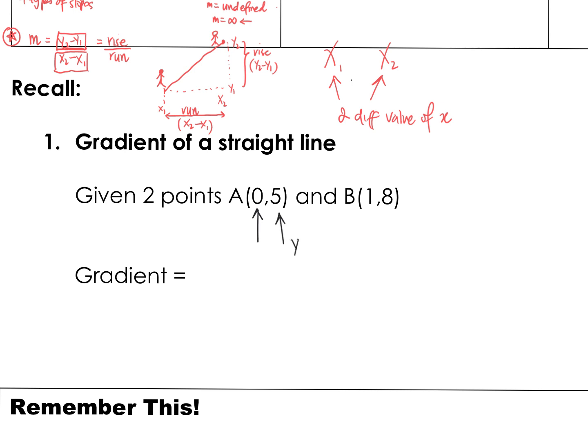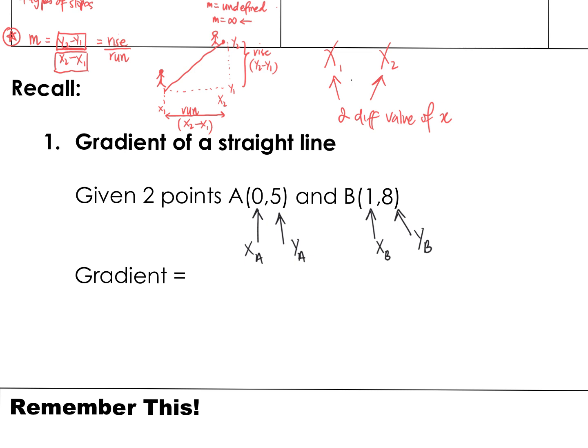So let's just conveniently assume that this is point 1. If you don't like 1, you can also write xa, ya. Because it's the x coordinate of A, y coordinate of point A. So we just write like that also fine. So this is x coordinate of point B, y coordinate of point B. You can also write it this way.